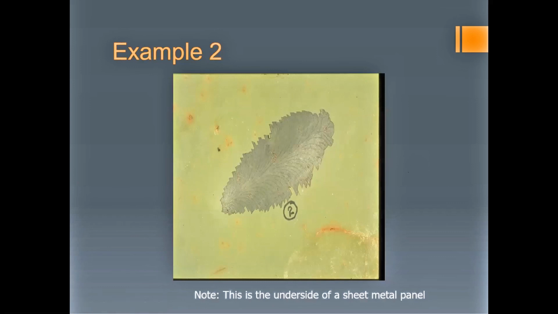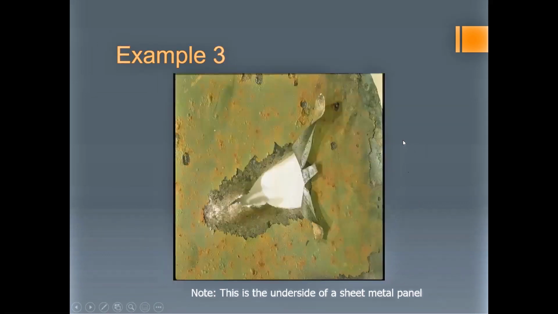How about this one? Don't forget the note down here. This is the underside of a sheet metal panel. The underside. Where does a bullet travel? Down the tree. Now here's the underside of some sheet metal as well.